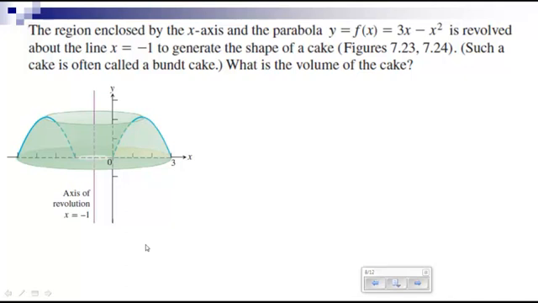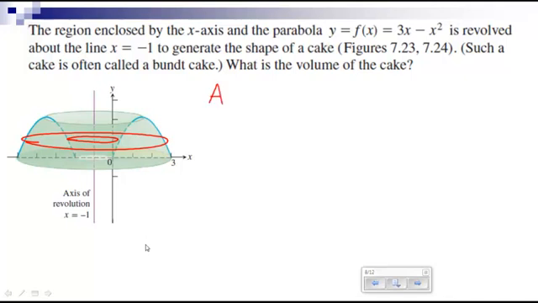Okay, so how do we calculate the volume of this? Well, our plan of attack is similar to what we did before. We're going to try to create an expression of area for some arbitrary value of integration. Now, I want you to see that the cross section of this bundt cake again is going to be a circle with a hole in the middle, what we typically would call a washer.